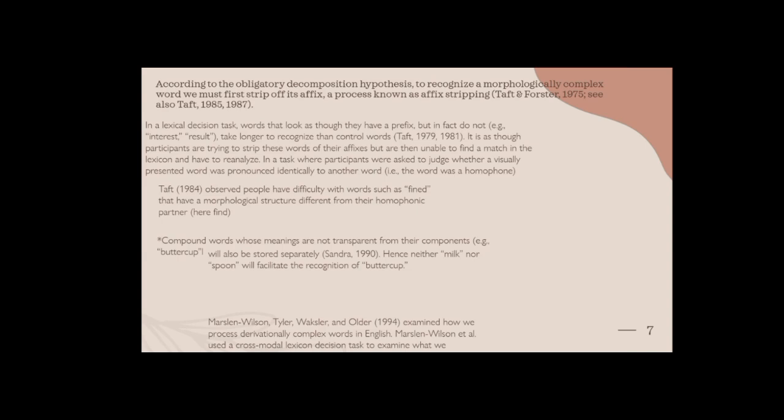Next, Marslen-Wilson, Tyler, Waksler, and Older (1994) examine how we process derivationally complex words in English. Marslen-Wilson used a cross-modal lexical decision task to examine this. For example, a participant would have a spoken prime, happiness, and then immediately have to make a lexical decision to a visual probe, happy.